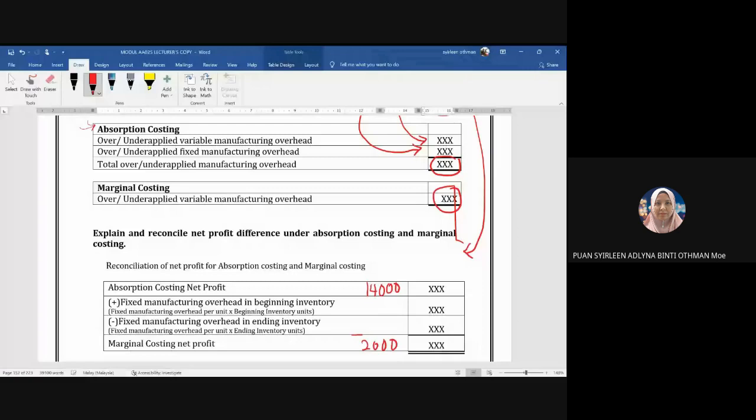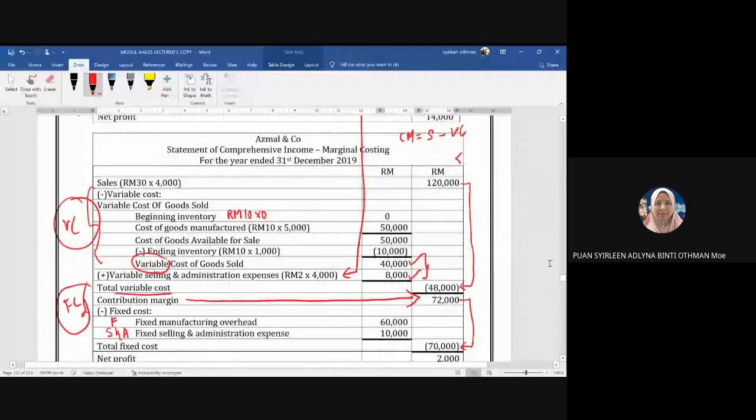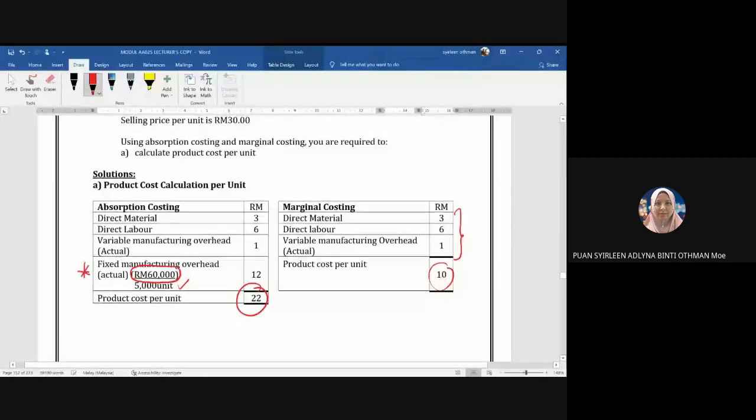So saya kena tengok fixed manufacturing overhead in beginning inventory. Okay. So beginning inventory kita tahu nilai dia kosong. Unit dia kosong kan? Okay. Fixed manufacturing overhead. Kalau awak tengok, I scroll back for those yang lupa lah. You are going to go back to example 1. Okay, ni fixed manufacturing overhead RM12 ni. Yang ni yang kita akan guna. Okay, alright.